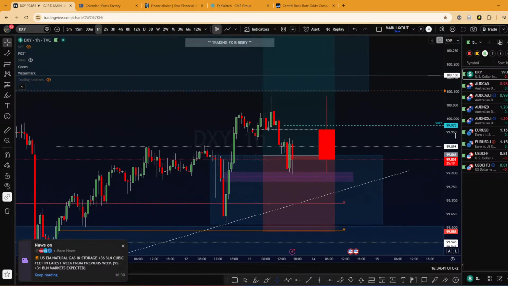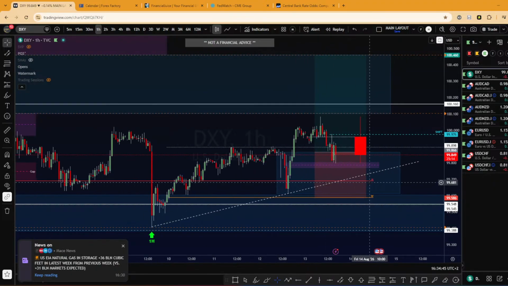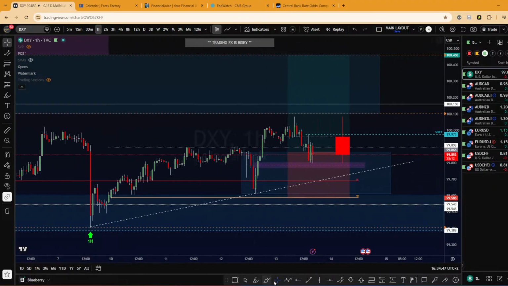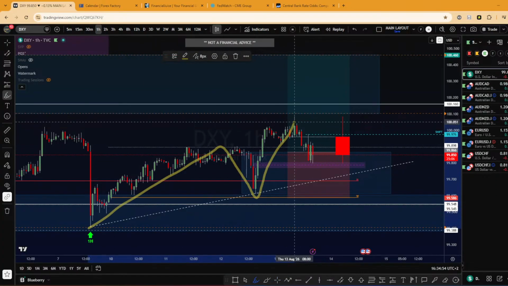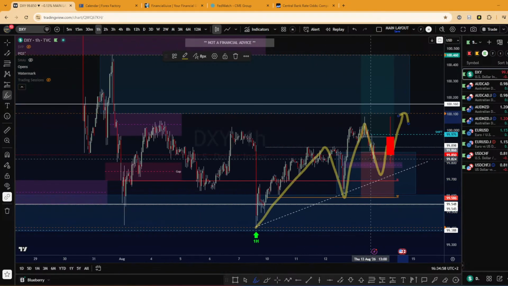You see, the dollar is tricky. We got soft PPI, but the dollar is still holding. It seems it's still giving us bullish momentum. See the structure in 1 hour. This is bullish momentum right now.